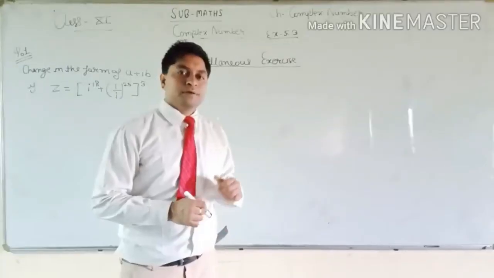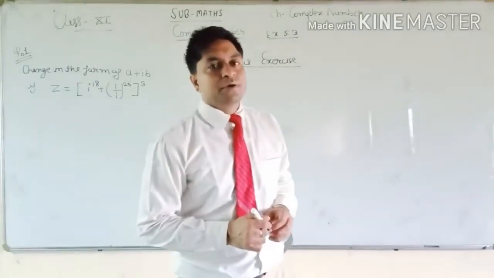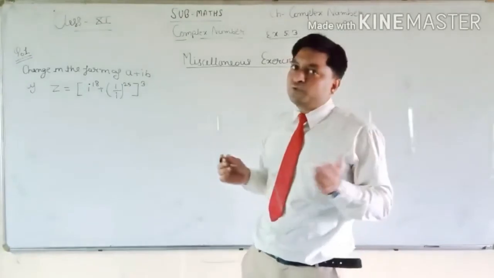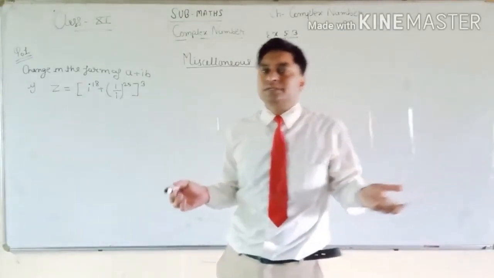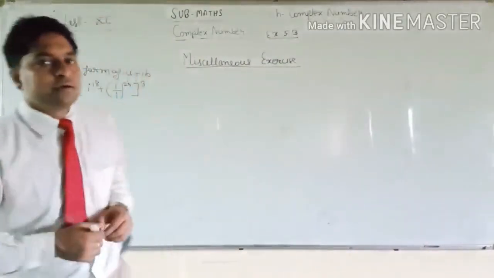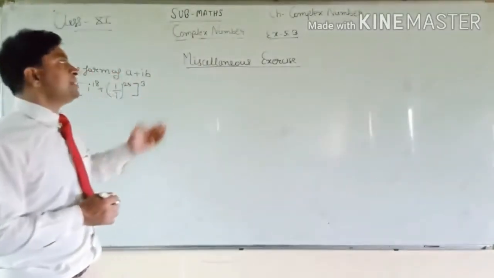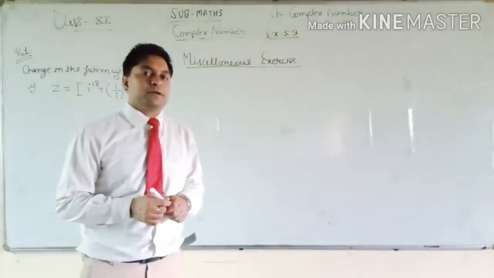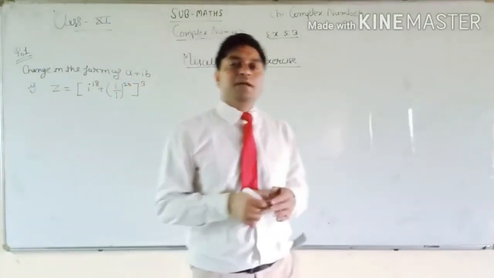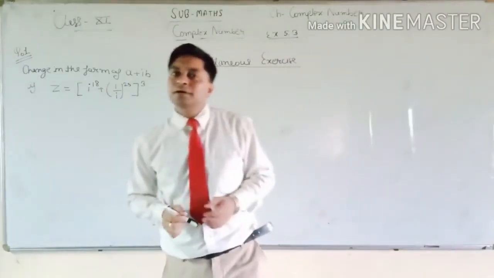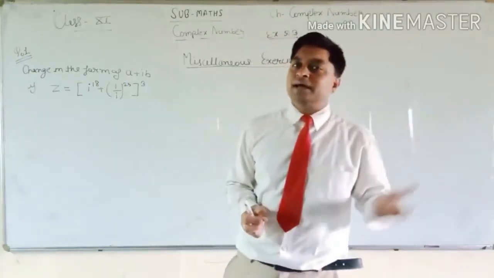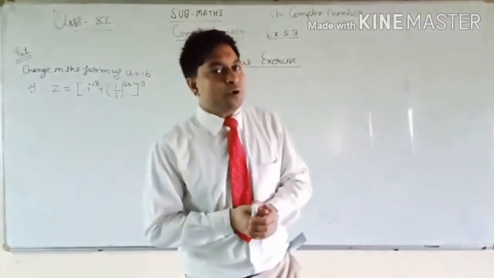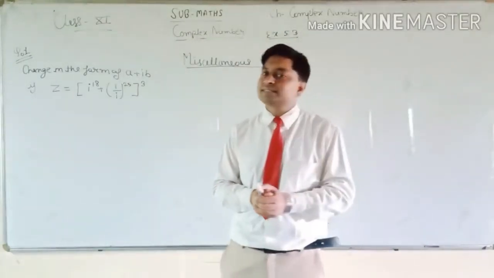Thank you. Okay students, now we use other formulas and other questions of exercise 5. The chapter name is complex number, and we know that the combined form of real and imaginary number is called a complex number.